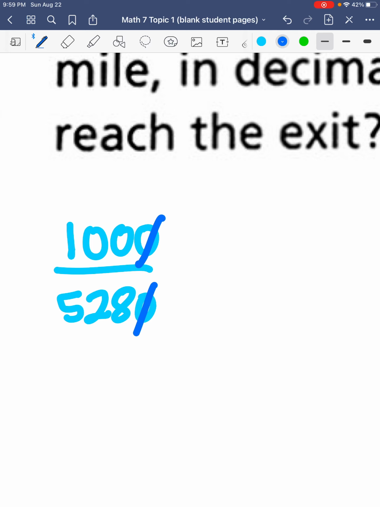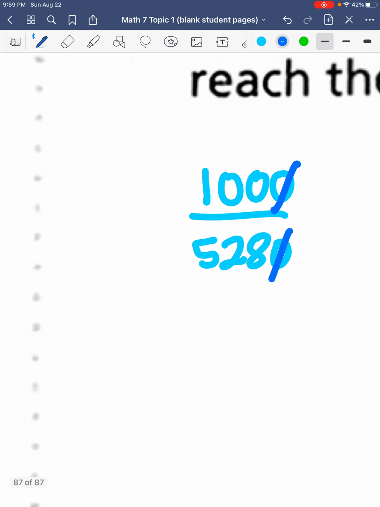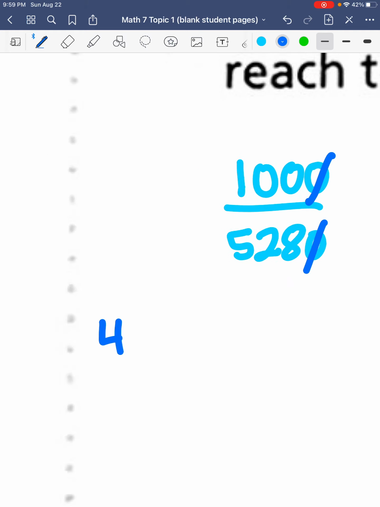So I'm really already just looking at 100 over 528. So I know that I can divide 100 by 4. I'm going to see if I can do the same thing with 528. So 4 goes into 528. 4 goes into 5 one time.